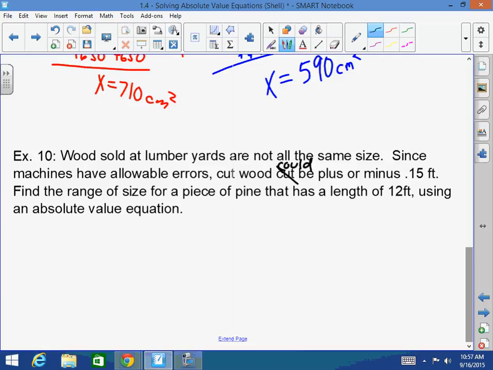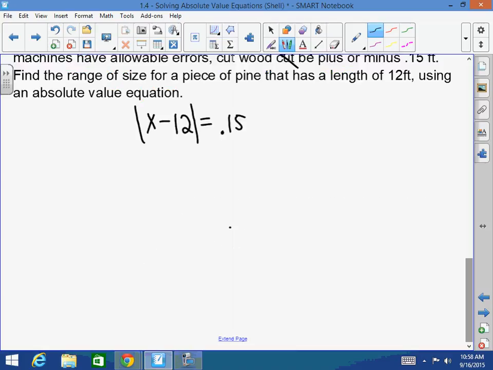Well, it's x minus the desired, which is 12 feet, equals 0.15. X minus desired equals the range, or the change, the variance. Now we split it up into my positive side and my negative side.